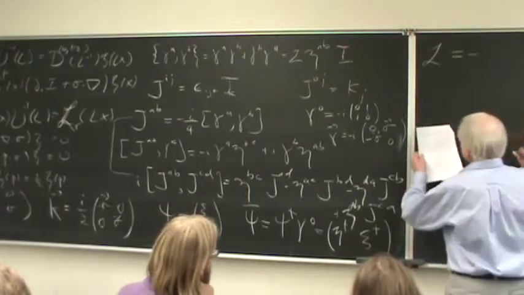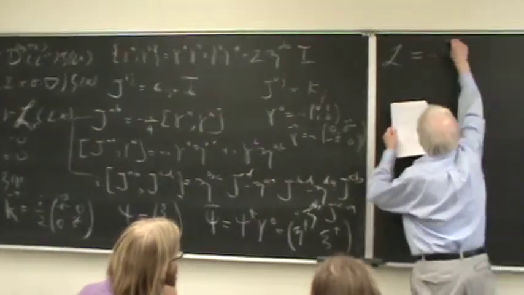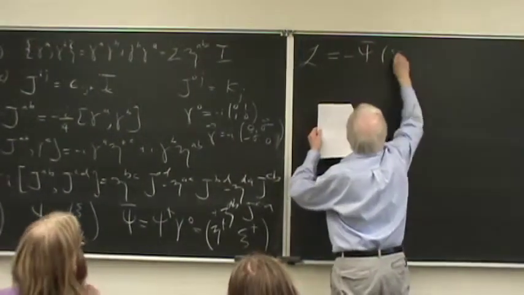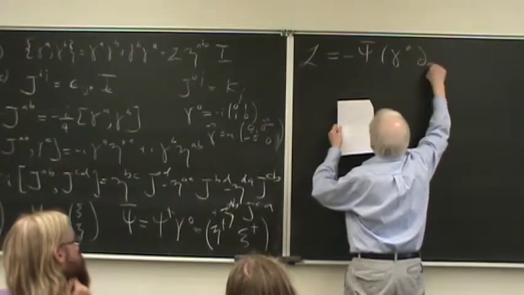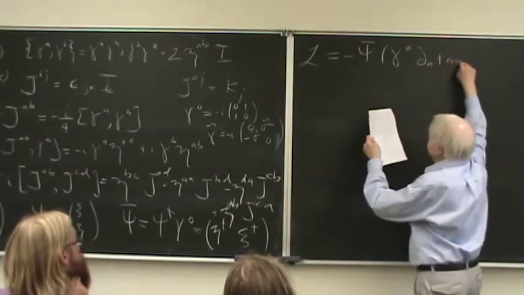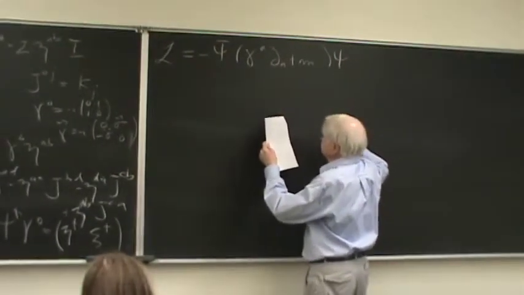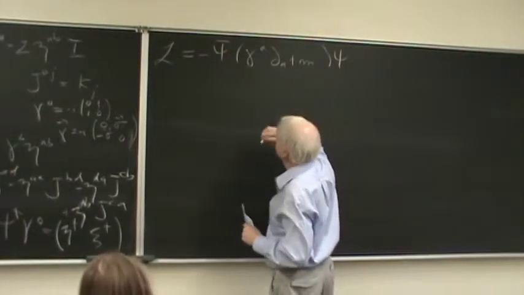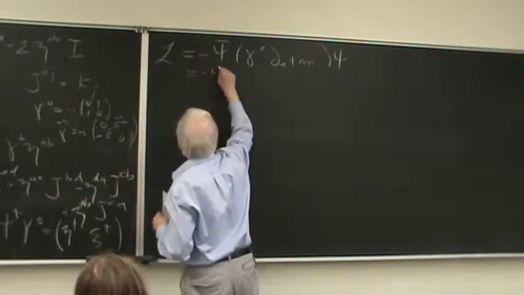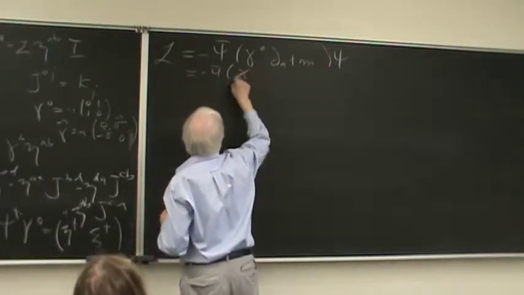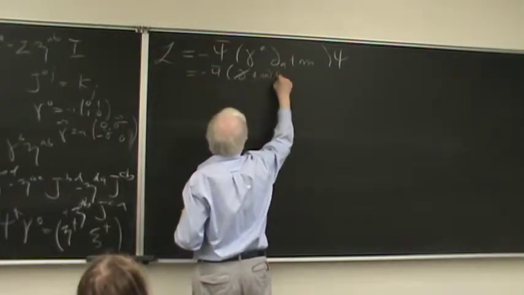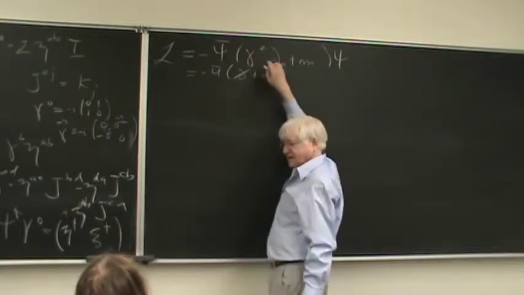And so this is minus psi bar gamma A dA plus M psi. Feynman introduced the notation D slash plus M psi.